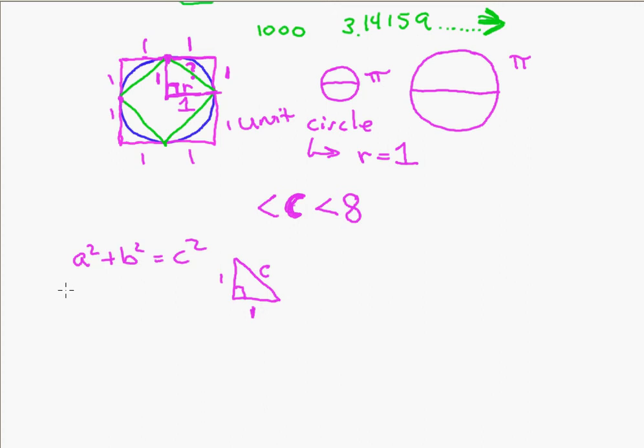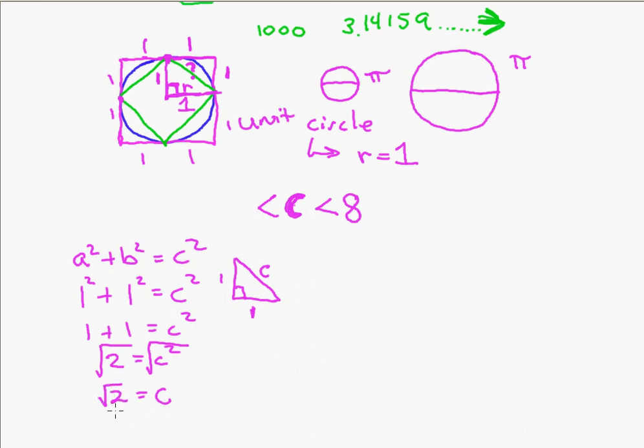Well, if a is equal to 1, that's 1 squared plus 1 squared equals c squared. So 1 squared is 1, so we've got 1 plus 1 equals c squared. 2 is equal to c squared. Now, to figure out a square, we have to take the square root of both sides, and so c is equal to the square root of 2.